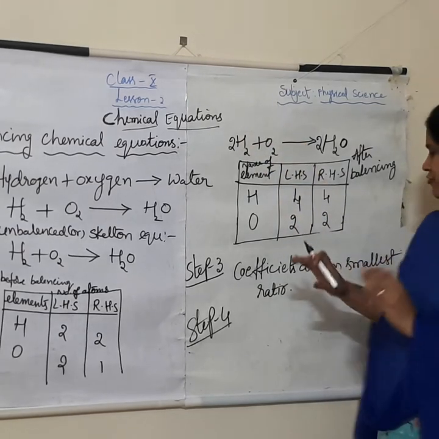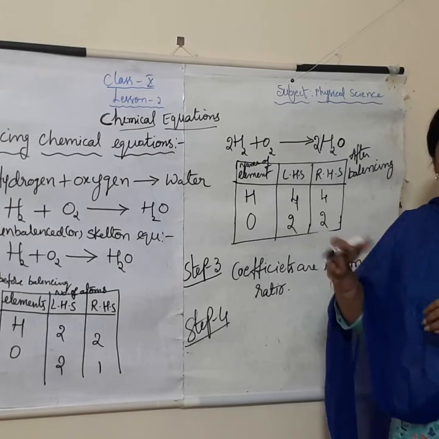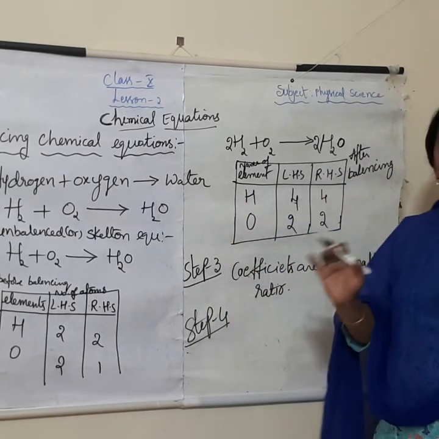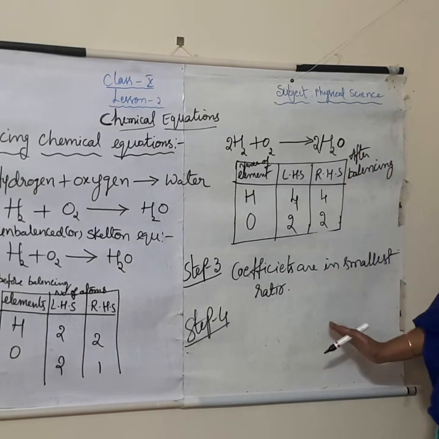After getting the ratio of the coefficients in the shortest form, we recheck whether the equation is balanced or not. That final balanced equation you must write in step 4.